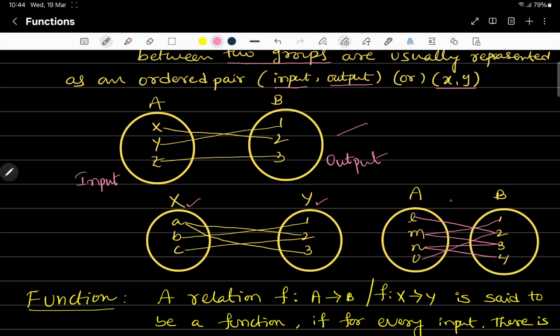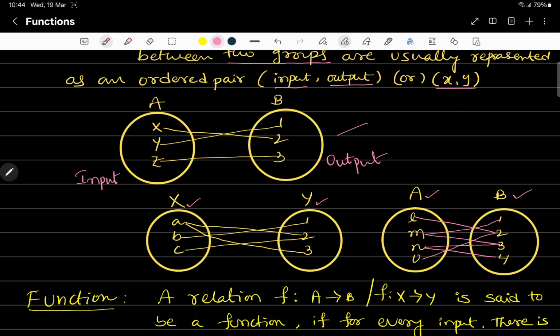See one more example. Here I am taking two groups, group A and group B. In group A I have taken L, M, N, O, and in group B 1, 2, 3, 4. So L has a relation with 2, M has a relation with 1 and 3, N has a relation with 3 and 4, O has a relation with 2.